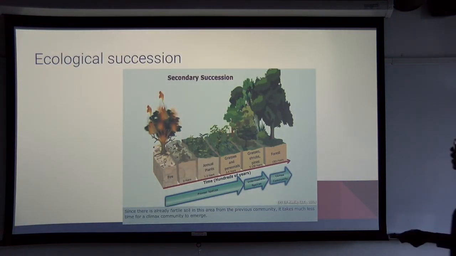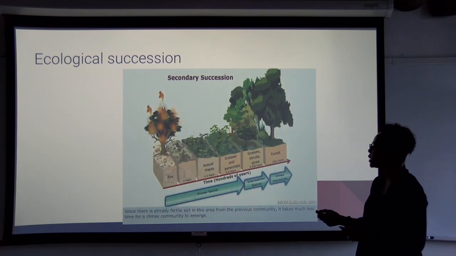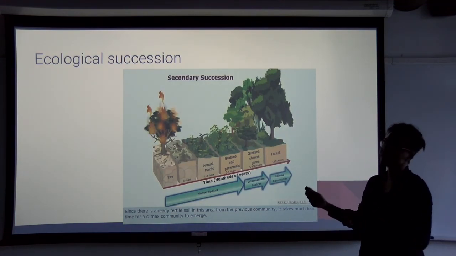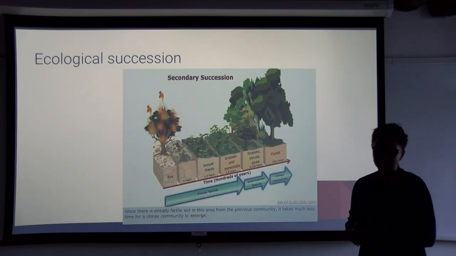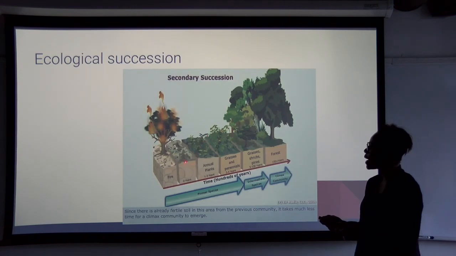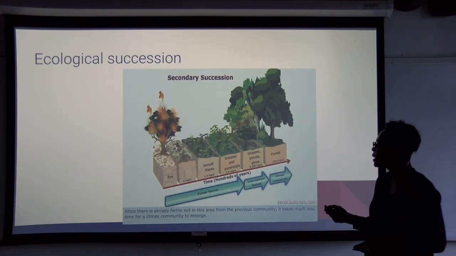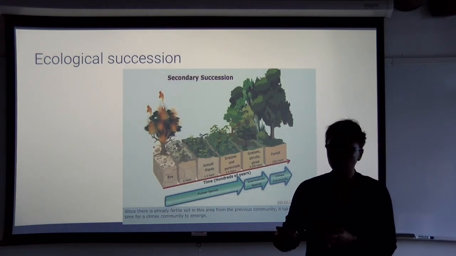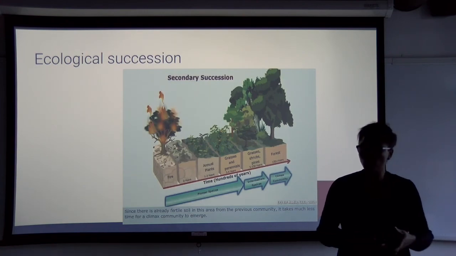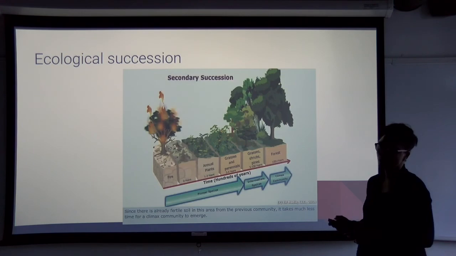So I want to show you that as an environment changes over time, the plant succession also changes over time, and this is referred to as succession, where you start out with your pioneer organisms, like your moss and your lichens, and then that preps the soil for your grasses and your shrubs. They then prep the soil for larger trees, and the process continues until you see a forest.